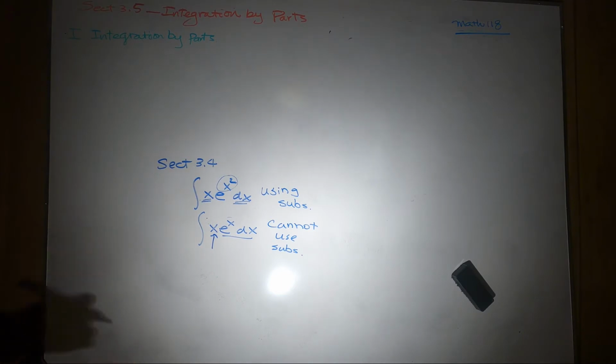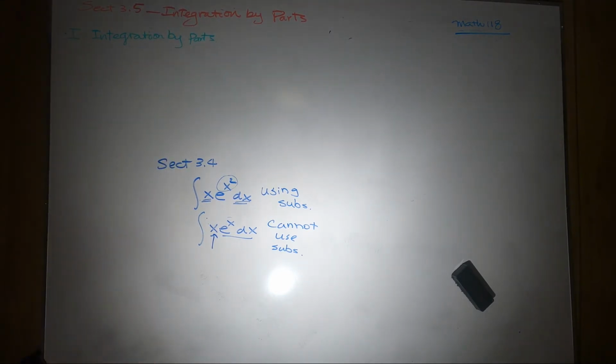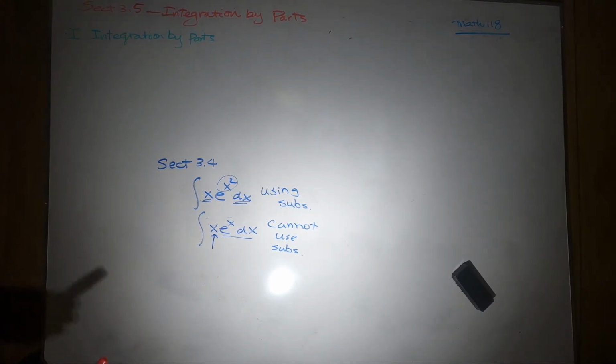Okay? There is another way called integration by parts. And for most of you, it will be super confusing for this part. And in real life, you may never use it.